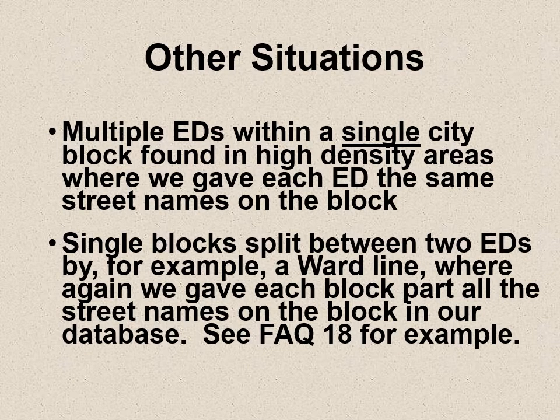So in that situation, you can't get down to a single one. There are also situations where a single city block is split between 2 enumeration districts, and I'll show you that later in FAQ 18, like a ward line, where in order to make things work, on each part of the block, I have put in the enumeration district all 4 block numbers or names. Okay, so that's in FAQ 18.